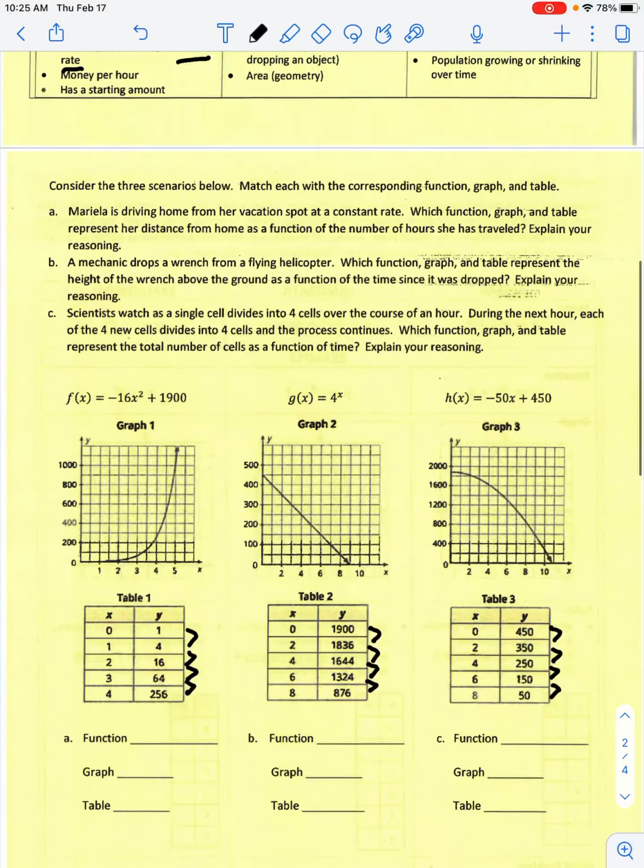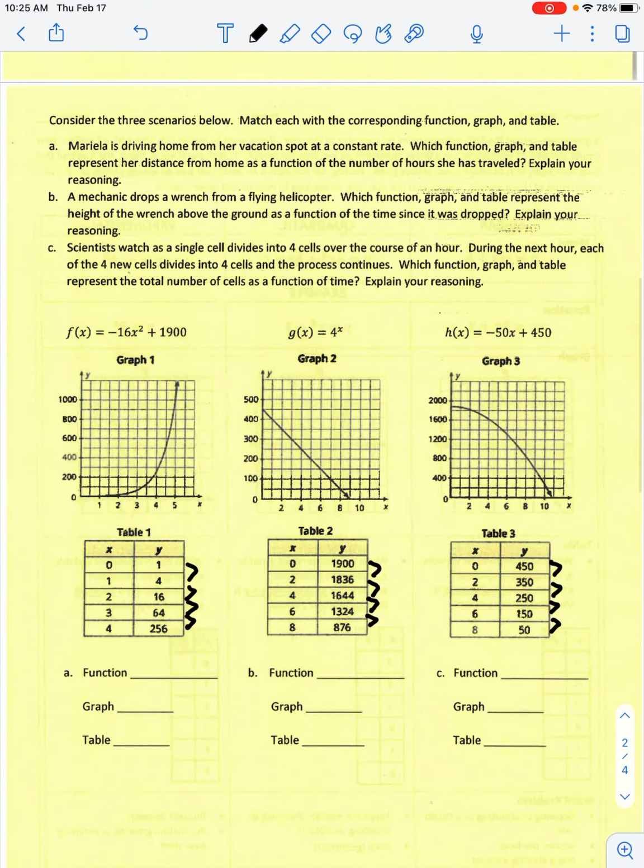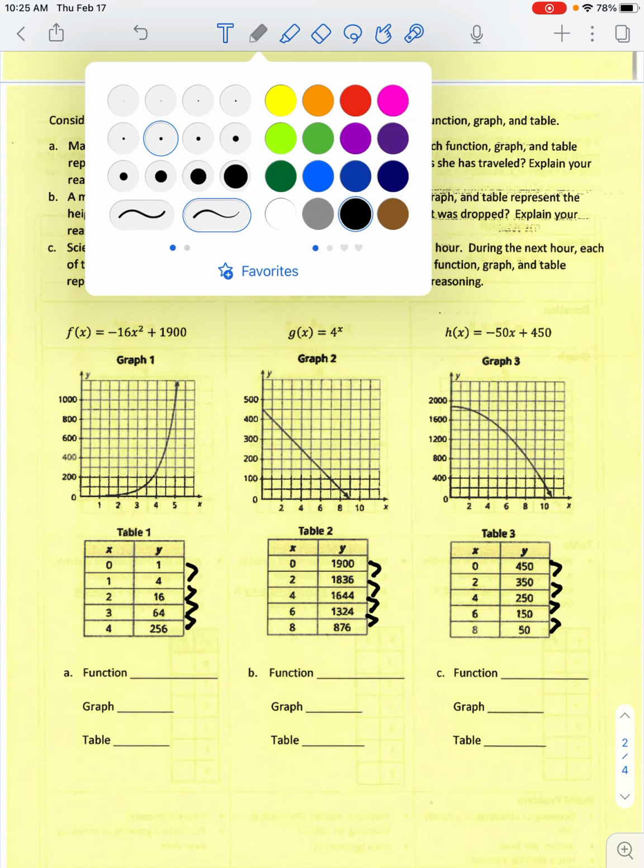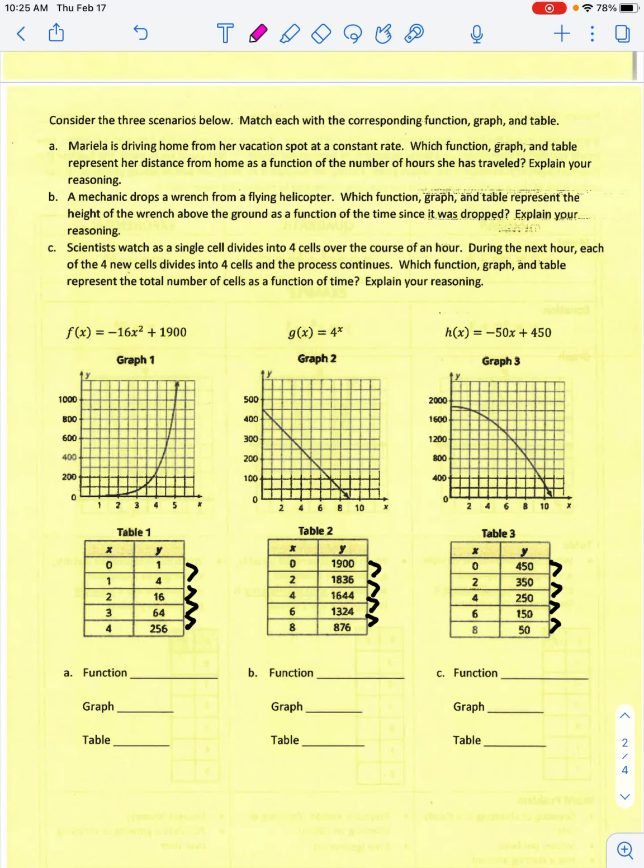So if we move down to the second page, the back side, it says, consider the 3 scenarios below. Match each with the corresponding function, graph, or table. So I'm going to pick pink again. It says, Mariella is driving home from her vacation spot at a constant rate. Which function, graph, and table represent her distance from home as a function of the number of hours she has traveled?